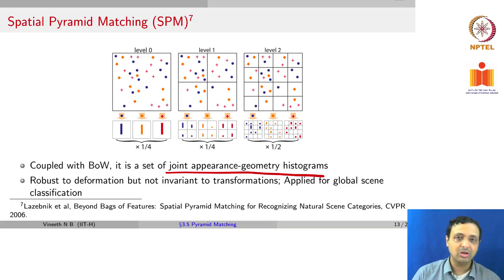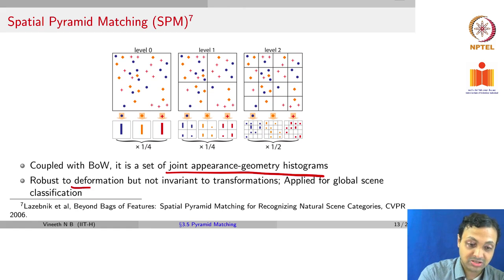So pyramid match kernel was a pure appearance histogram because you were building the histograms in the descriptor space. We saw an example of how pyramid match kernels can be brought to spatial matching, which was a pure geometry histogram, and spatial pyramid matching brings these two together to create what are known as appearance geometry histograms.